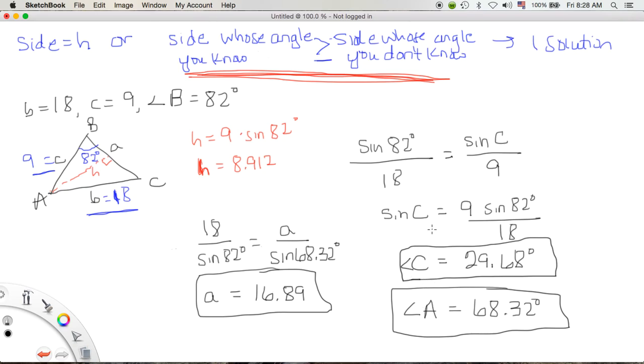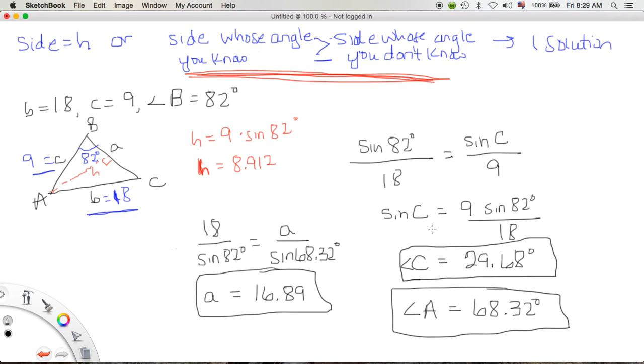So the first thing you need to do is decide how many triangles you have and then solve it. So if we have side, side, side, side, angle, side, or angle, side, angle, then we're going to have one triangle. Remember, only angle, side, angle, and side, side, angle did we use the law of sines for. The others I'll show you a different law in the next video.